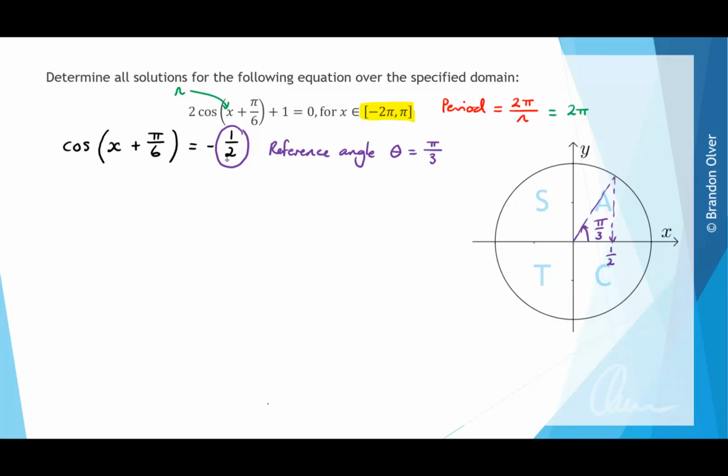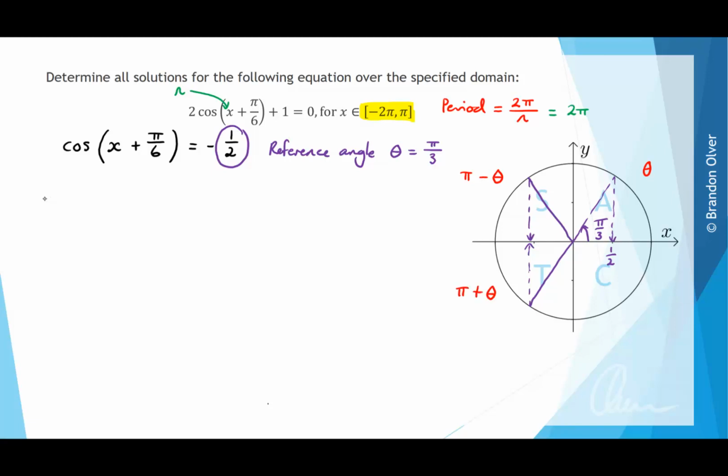However, we need a negative half, so we're in the second and third quadrants where cosine is negative, and these two angles here both give negative 1/2 for cosine. So if the symmetry of the first quadrant is theta, then this is pi subtract theta, and this quadrant is pi plus theta.